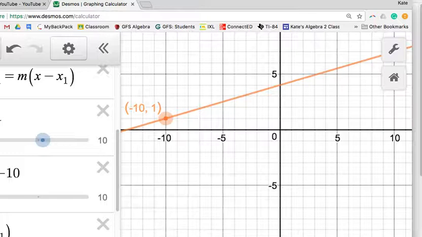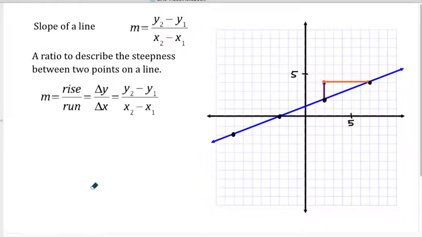So let's talk about a couple of attributes of lines that make it easier to talk about. The first one that we really need to get a handle on is slope. So the slope of a line is just a ratio. It's a comparison of two values, and it's a comparison of how much the line moves up, how much its vertical changes, compared to or divided by how much its horizontal changes.